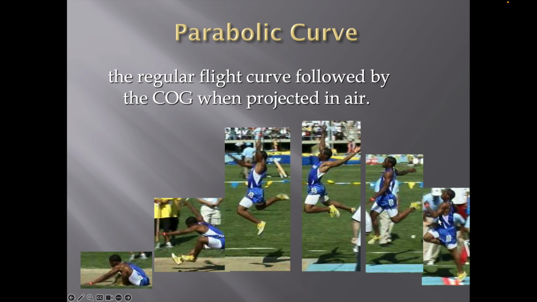As he launches himself in the air, this dot here will follow this arcing path in the air. This arcing path moving to the side is considered the parabolic curve, or the path the center of gravity travels when that body launches himself into the air.